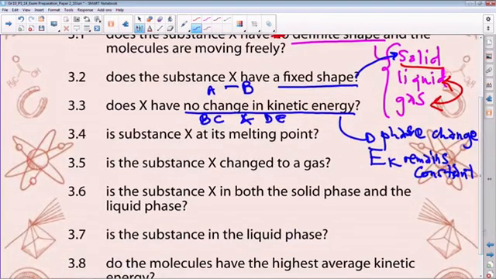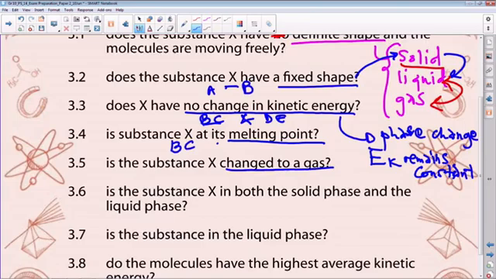So the substance X is at its melting point. At the melting point, we know that it changes from solid to liquid. At which time did that occur? It occurred between B and C, because that's the first case where we have temperature remaining constant. Now, the substance changed to a gas.